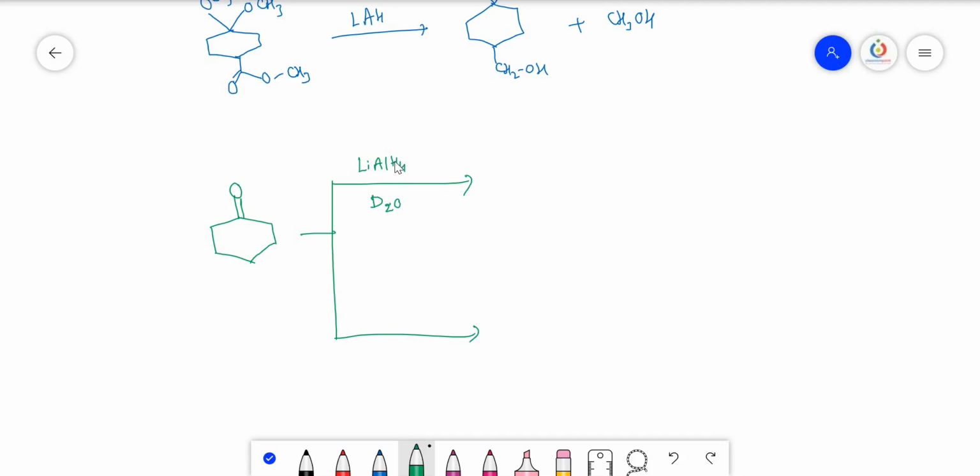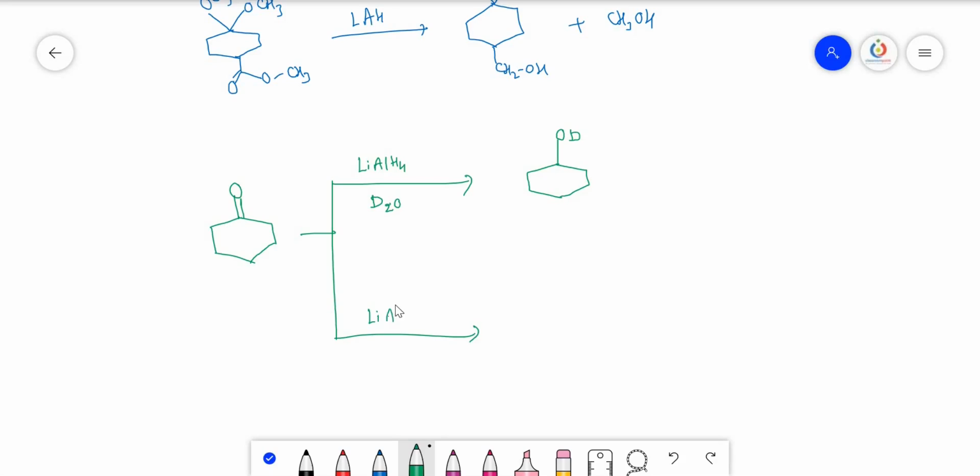So lithium aluminum hydride gives the hydrogen H minus ion, hydride ion. That hydride ion has to attack the carbon of the functional group, not the oxygen. So that hydrogen comes here and O minus will be there, and this O minus has to get the proton from what? Water. So that we'll get the OD like this.